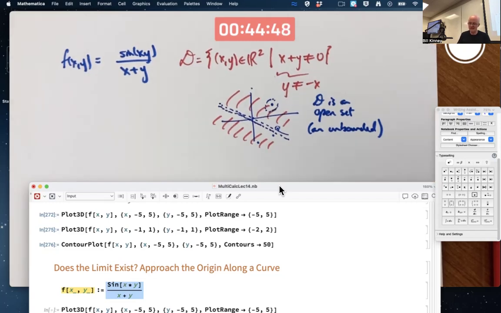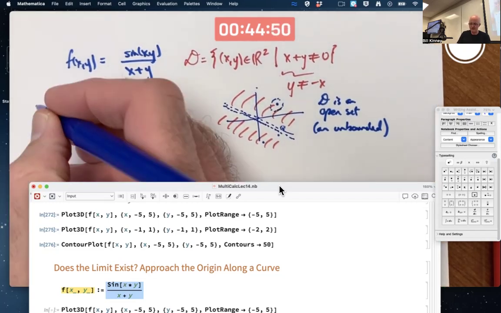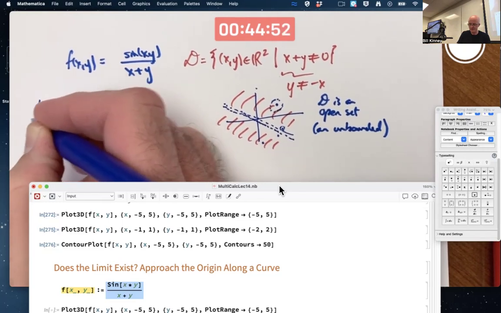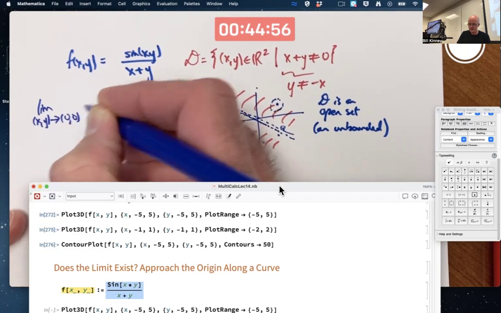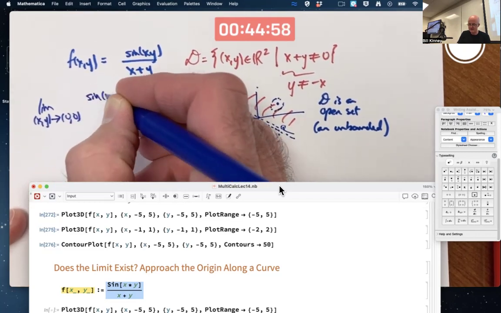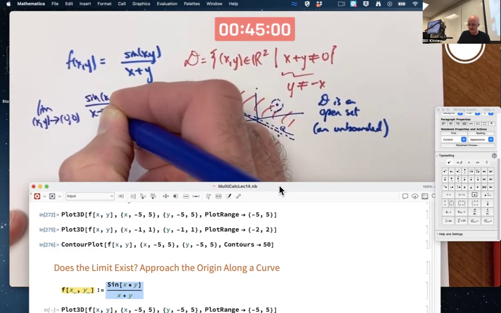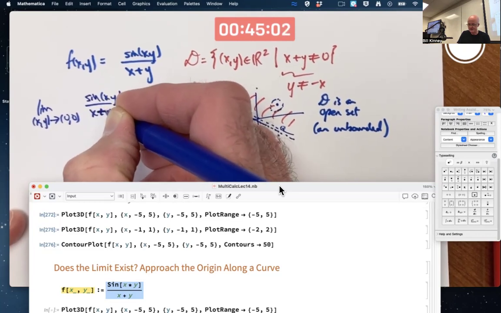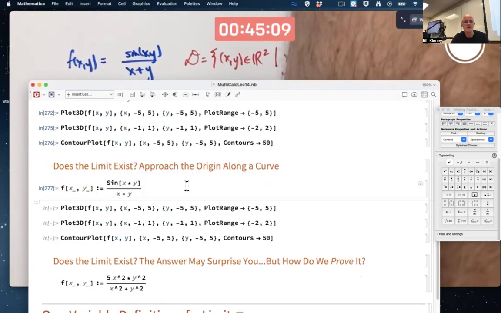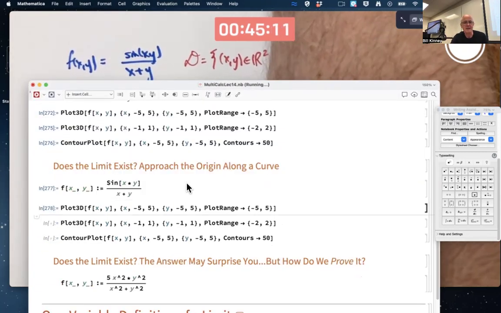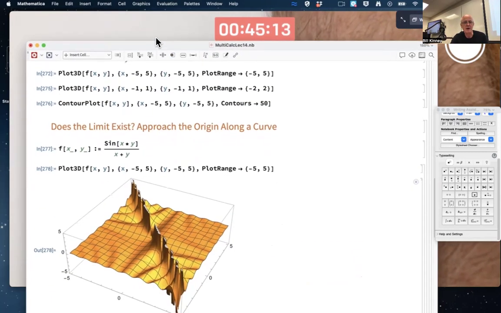So once again, we're going to let (x, y) approach the origin here. We're wondering what's the limit as (x, y) approaches the origin of this function, sine of x times y divided by x plus y. Again, let's just get a little feel for what might be happening with technology. So I enter the function, I try to plot 3D. Oh boy, looks kind of weird.